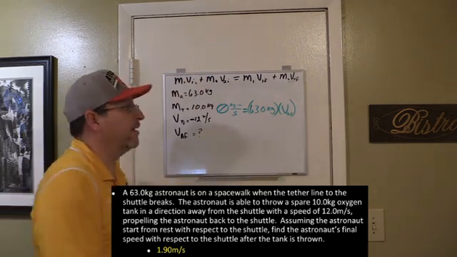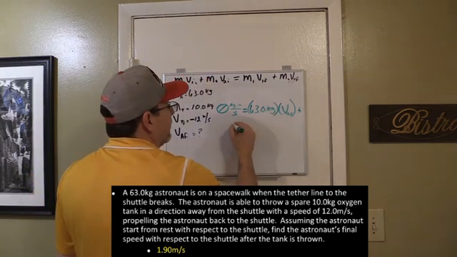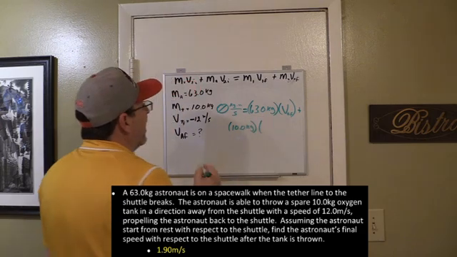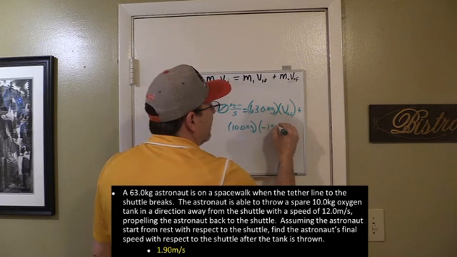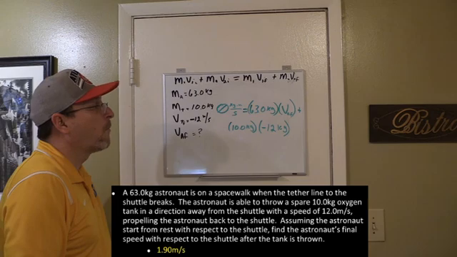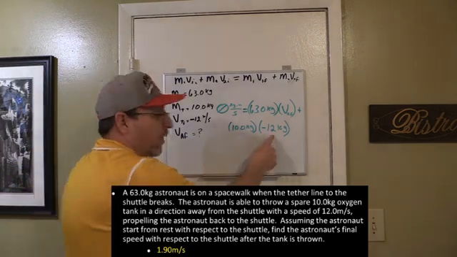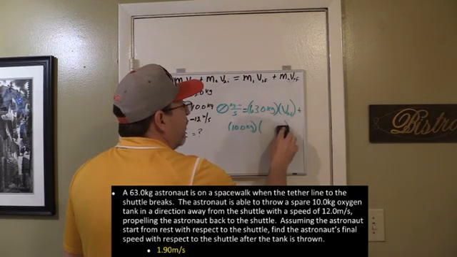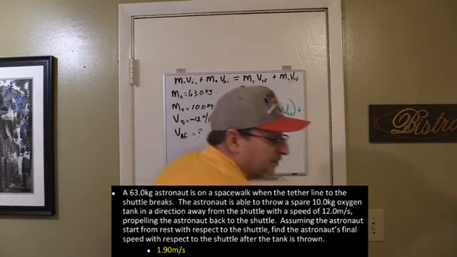But I do know the mass of the tank, which is 10 kilograms, times the velocity of the tank, which is, remember, negative 12 meters per second. Let me do that math real quick. 10 times a negative 12 gives me a negative 120. I'm doing this just to conserve some space.